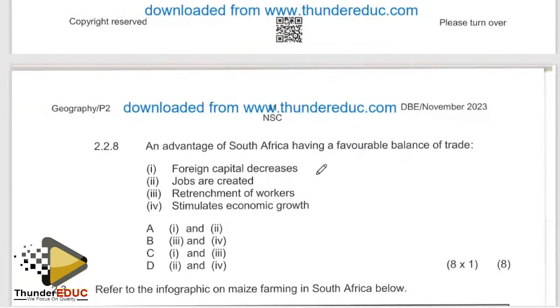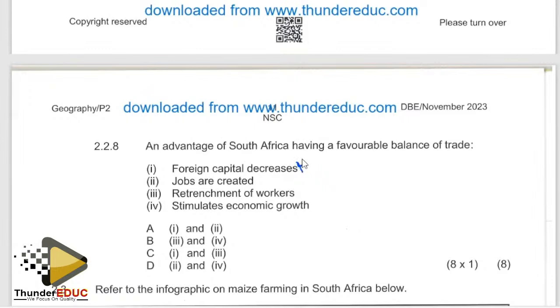2.8. An advantage of South Africa having a favorable balance of trade. We'll look at favorable balance of trade, decrease foreign capital. Having a favorable balance of trade, foreign capital decreases. I'll take that one out.